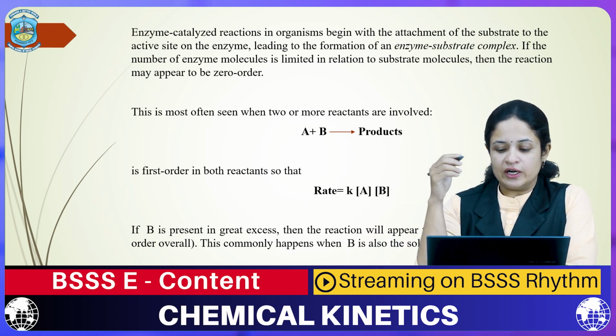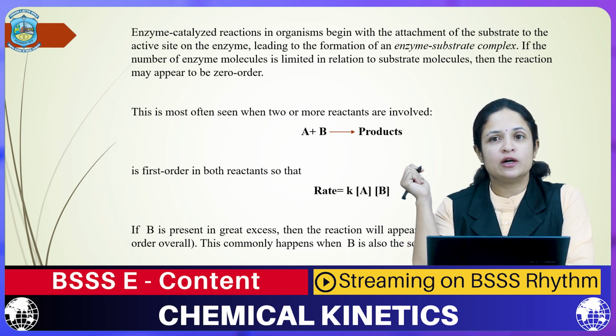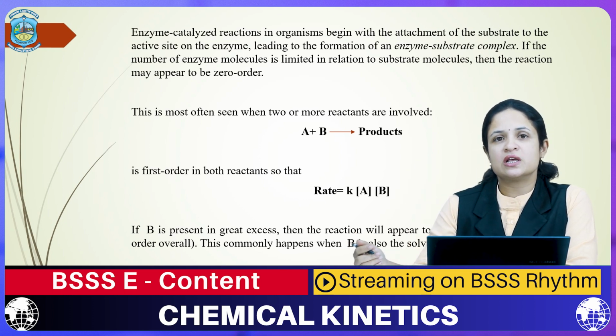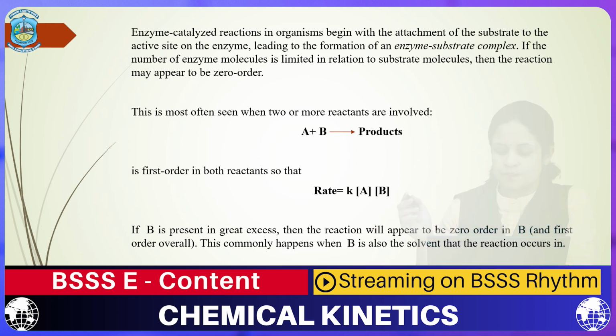So now if we look at the rate of such reactions, how do you express the rate or speed of these reactions? We have already seen that the rate of any chemical reaction is directly proportional to the concentration of reactants, which means that if you increase the concentration of reactant, the rate of reaction will increase and vice versa.